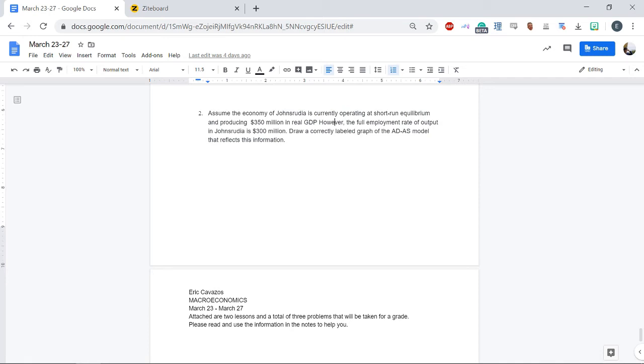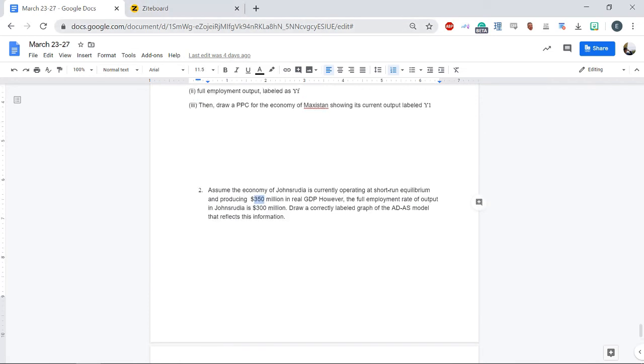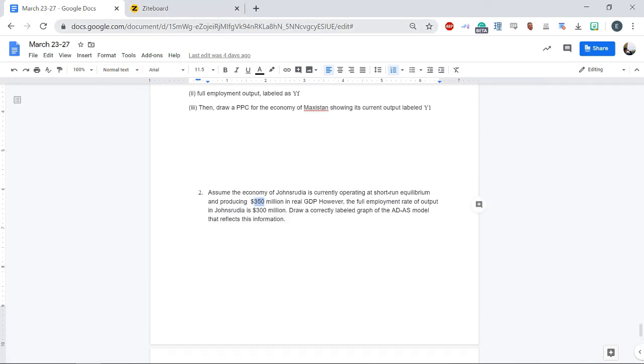Now, this also says, assume the economy of John Srida is currently operating at a short-run equilibrium and producing $350 million, which means we still need to draw our short-run aggregate supply and aggregate demand.